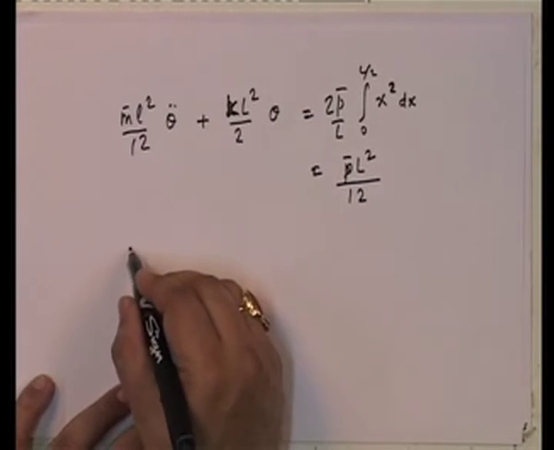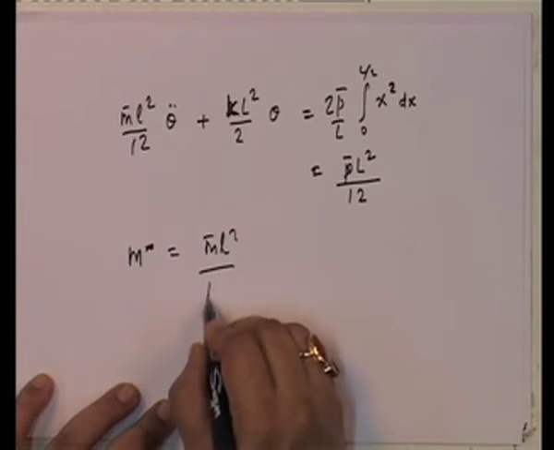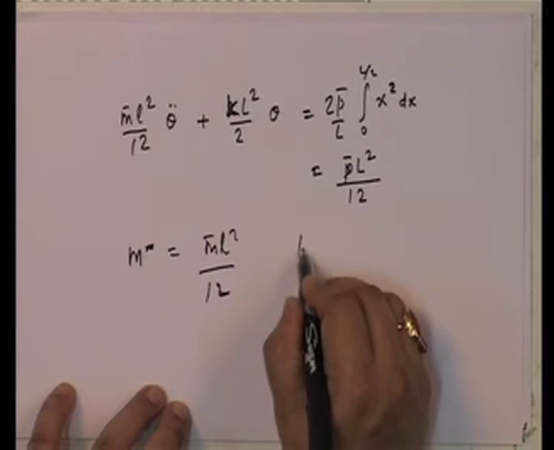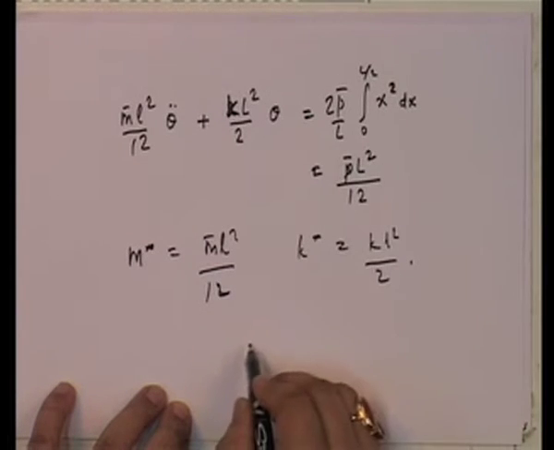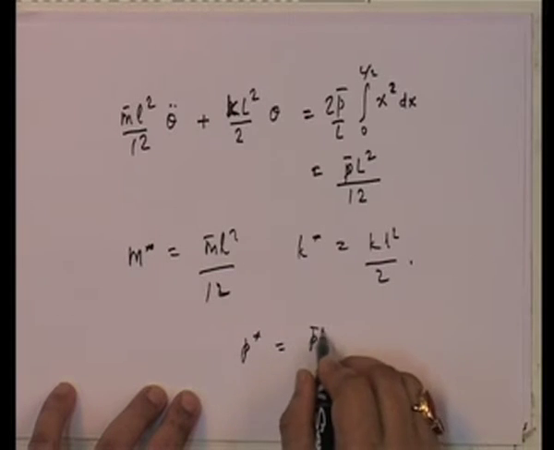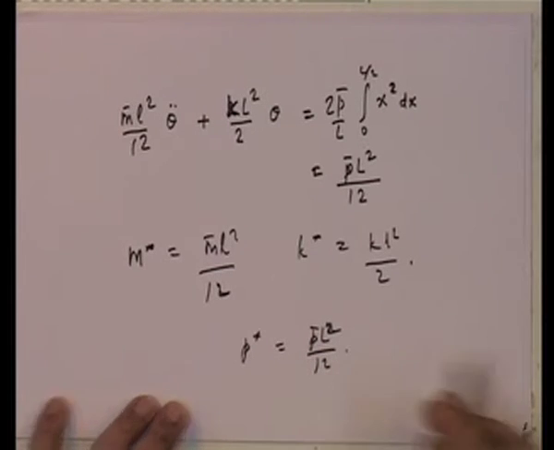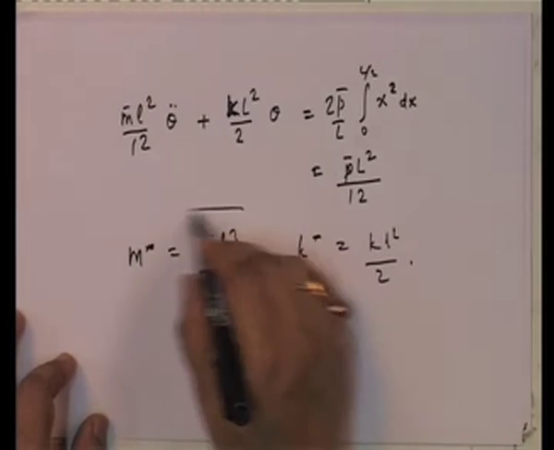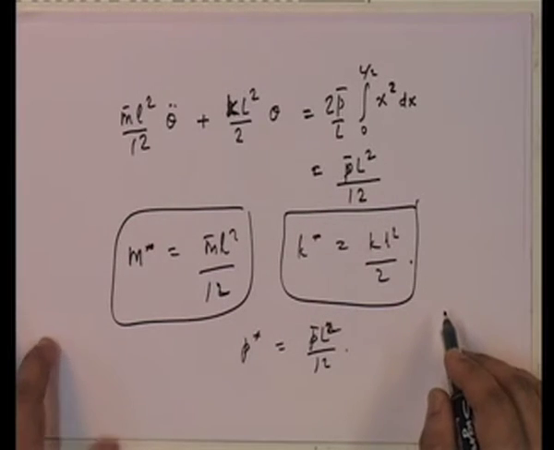Okay. So, what I have is my m star is equal to m bar L squared by 12, k star is equal to k L squared by 2, and p star becomes equal to p bar L squared by 12. Okay. So, this is my solution.